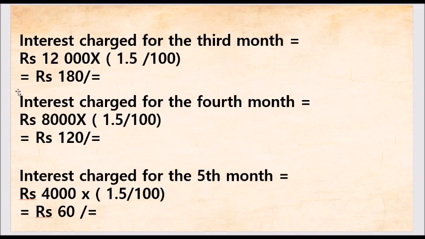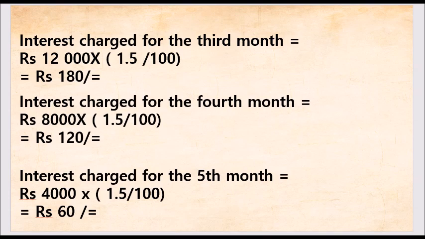Let's move to the third month calculation. The principal becomes 12,000 rupees because 4,000 is subtracted from 16,000. You calculate the percentage for the 12,000, it is 180 rupees. After the third month, we move to the fourth month. You can see again 4,000 is subtracted from the principal, that is 8,000 rupees.